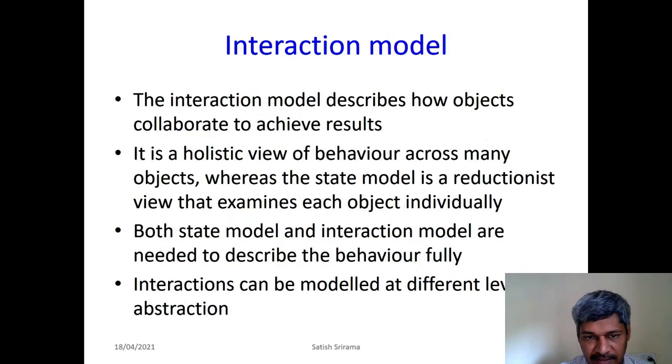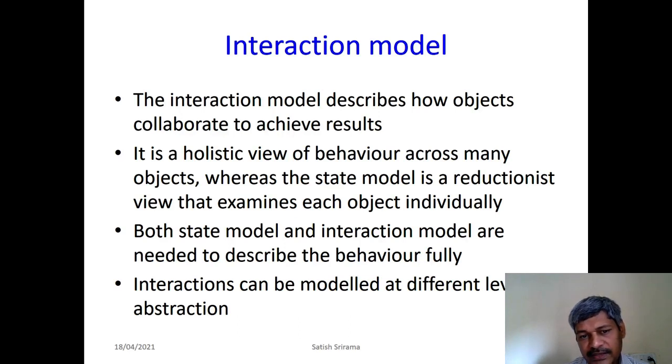Then the third one is the interaction model. The interaction model describes how objects collaborate to achieve certain results. We already have discussed the interaction models in detail, and different types of interaction models also we have discussed. Let me quickly summarize them.